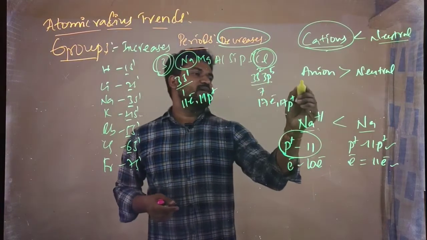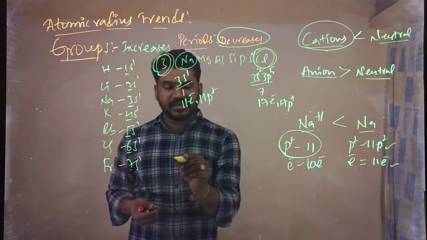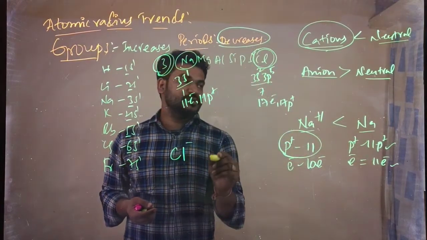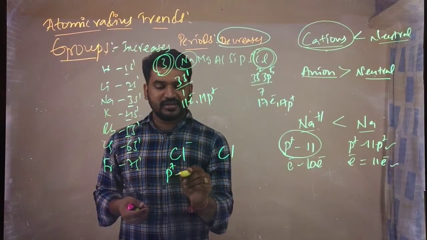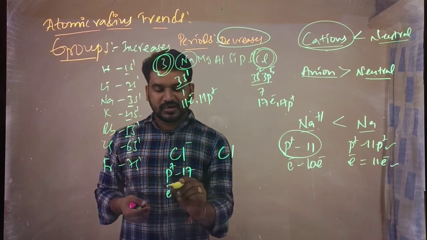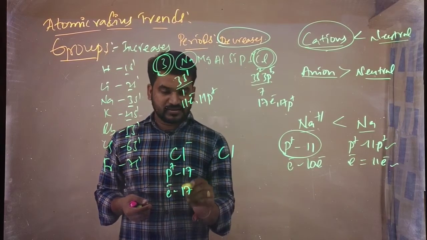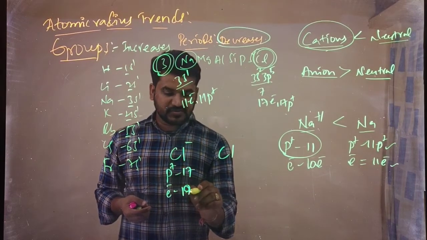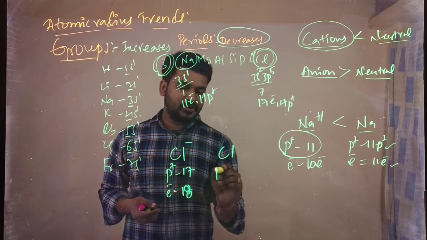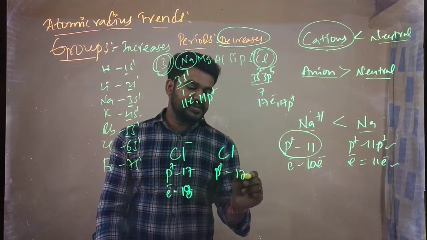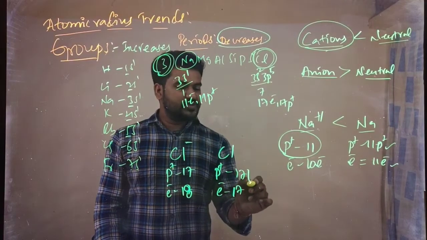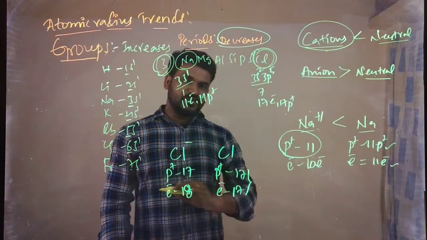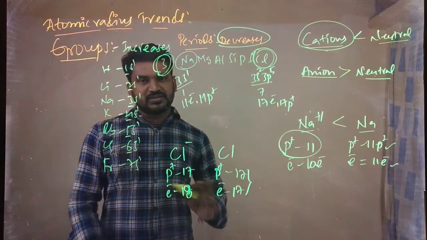If you take an anion and a neutral atom, we will take Cl minus and neutral chlorine. How many protons are there? 17 protons and 17 electrons in the neutral atom. In Cl minus, the electrons will be 18 and the protons 17. In the neutral atom there are 17 protons and 17 electrons, the same amount, so no change.